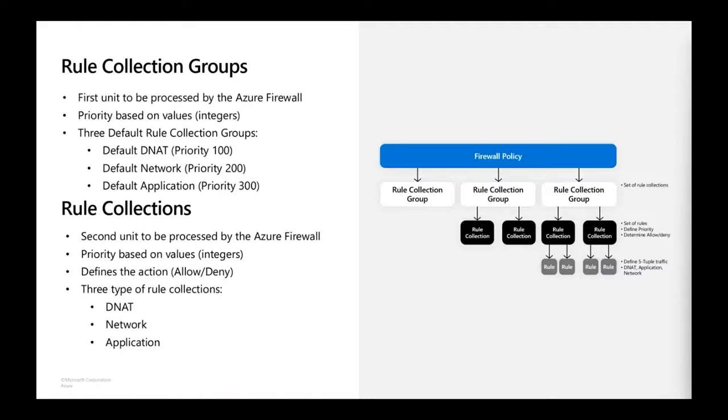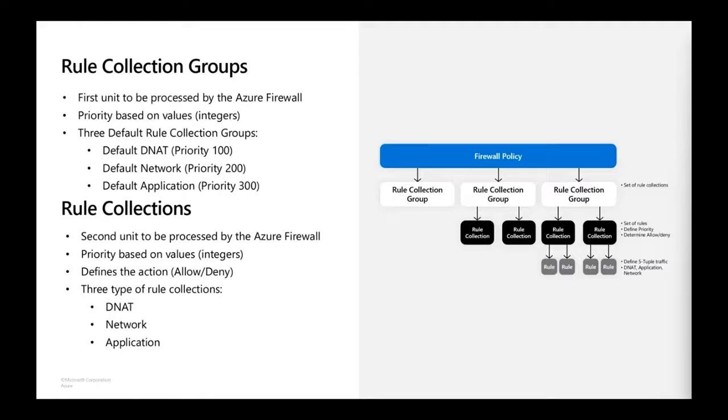The rule collection groups can contain one or multiple rule collections, which can be of the type DNAT, network, or application. A rule collection always belongs to a rule collection group, and it contains one or more rules. They are the second unit processed by the Azure Firewall, and they follow a priority order based on values.